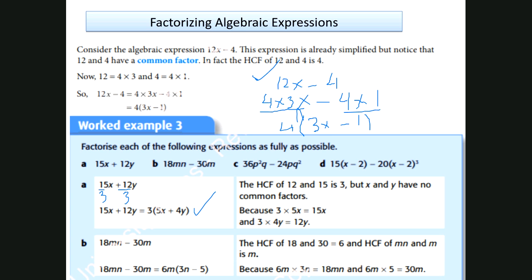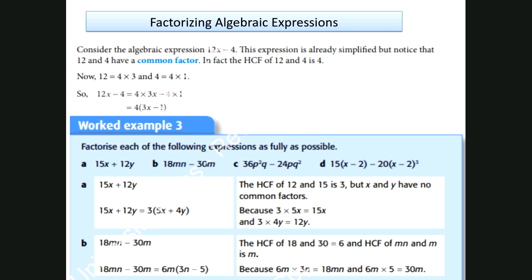If you go in detail, the HCF of 12 and 15 is 3. How is it 3? Let me show. For example, there is 15 and 12. You can write 15 and 12 to take the HCF. Which number can divide both, Talha? Which number can divide both 15 and 12?